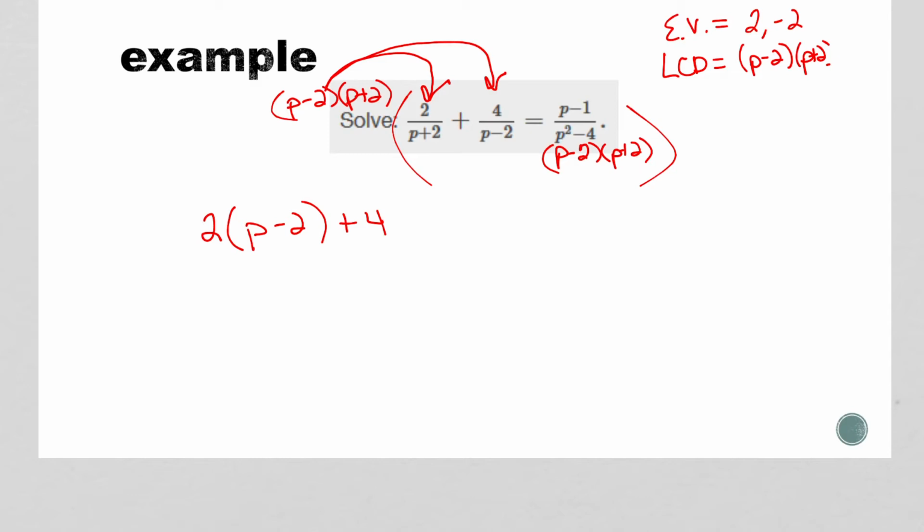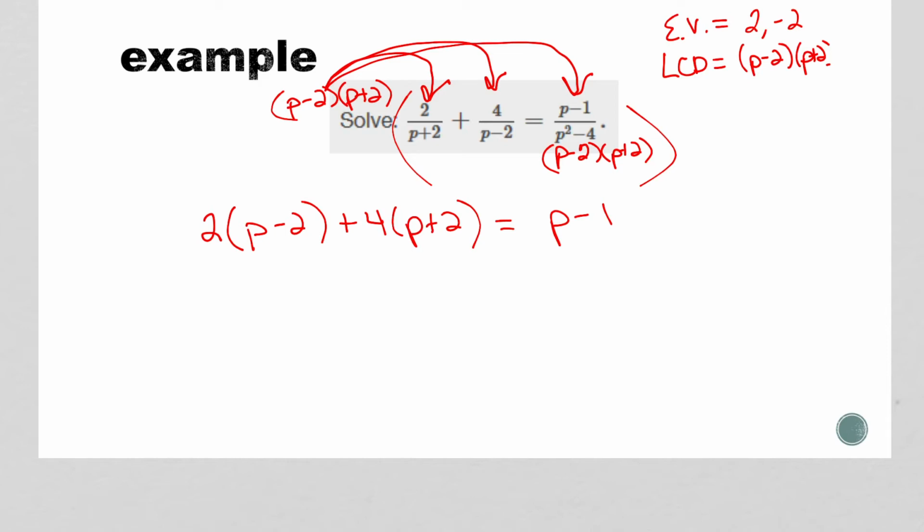The p minus 2's cancel each other, and I'm left with p plus 2. Whenever I multiply this whole thing times this last term, everything cancels but the numerator. So the p minus 2's cancel, the p plus 2's cancel.